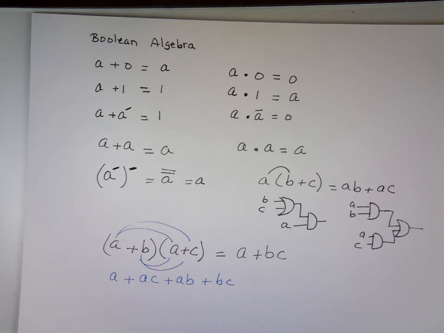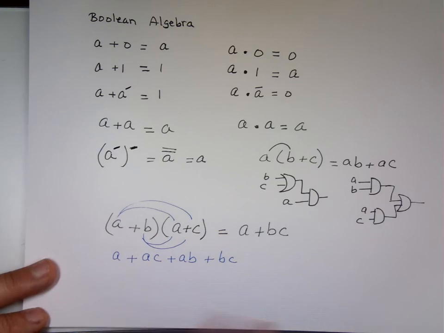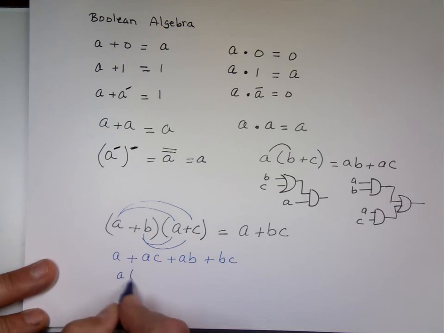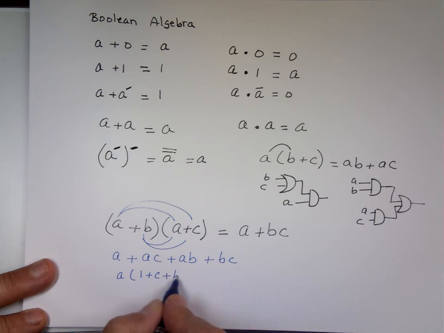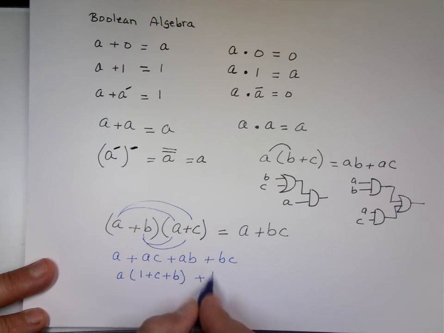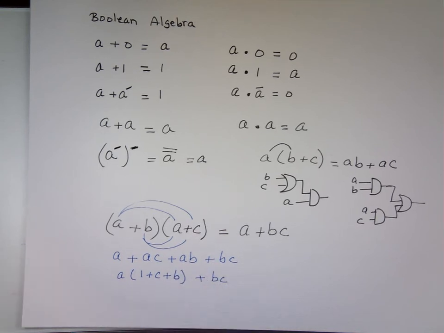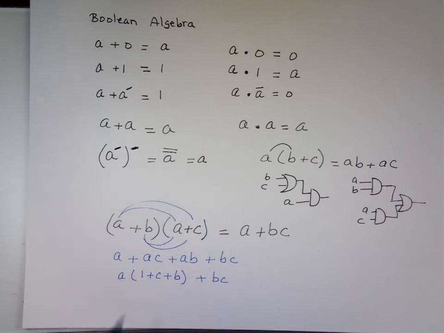Now the first 3 on the left, what do they have in common? A. If you take an A out, what's left? 1 plus C plus B. This is an OR gate with one input being 1 already. When you have an OR gate with one input being 1, it doesn't matter what C and B are. The result is going to be 1.